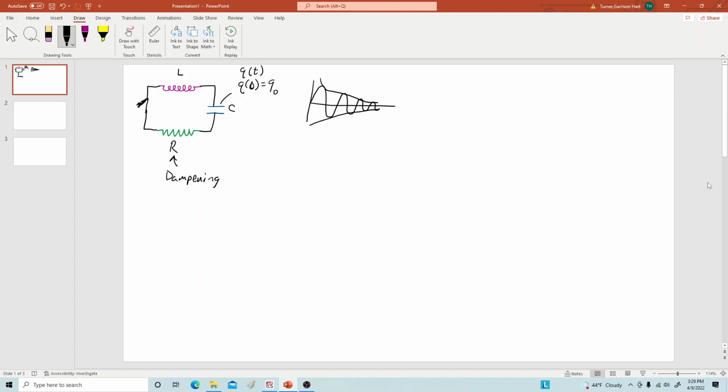Okay, so we've looked at an equation like this before, but just to rederive it, let's actually start up here. So remember that when I'm just looking at the energy in the inductor and capacitor, this is going to be 1/2 Li squared for the inductor plus 1/2 q squared over C for the capacitor.